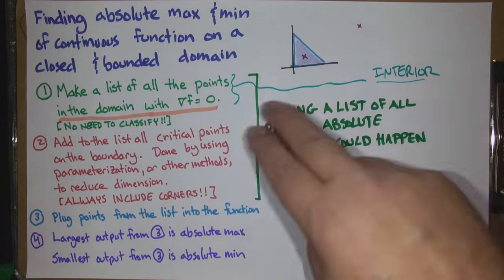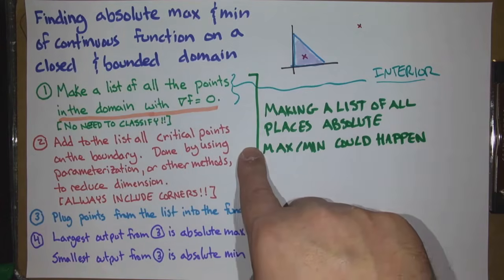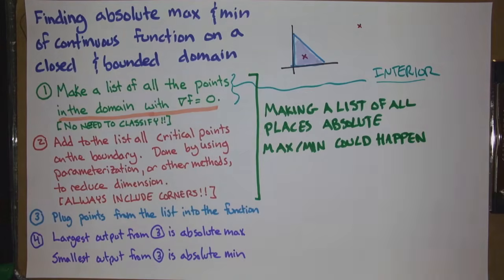So we've made a list. We have the interior points from step 1, the boundary points from step 2. We know for sure that all the maxes and mins are on that list. We also know that there's an absolute max and an absolute min. So it must be at one of those points.